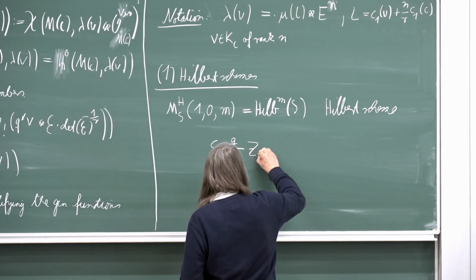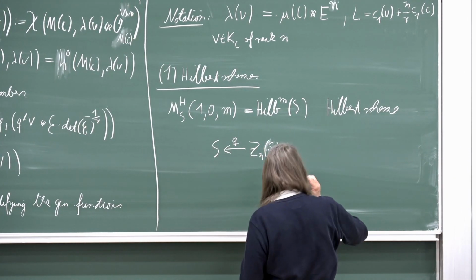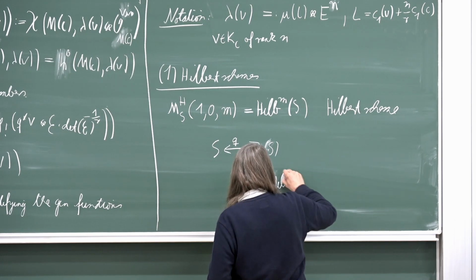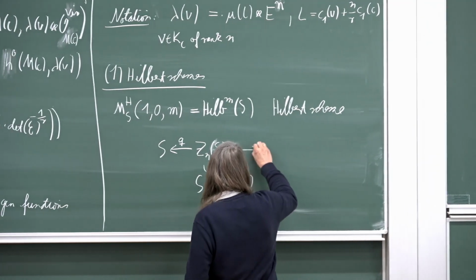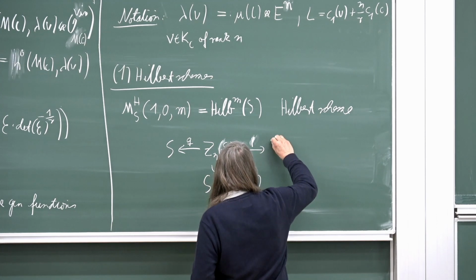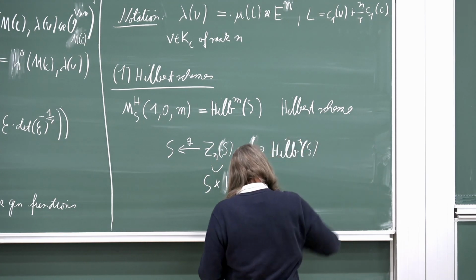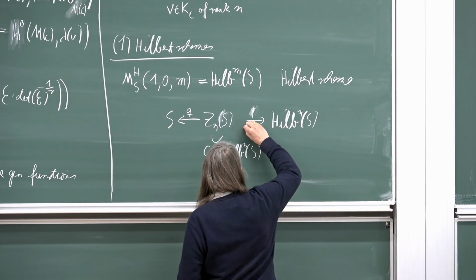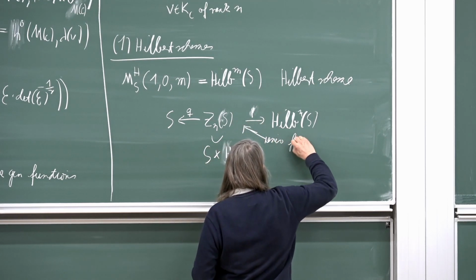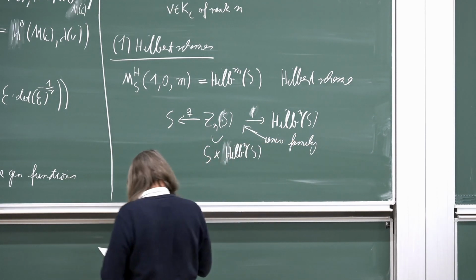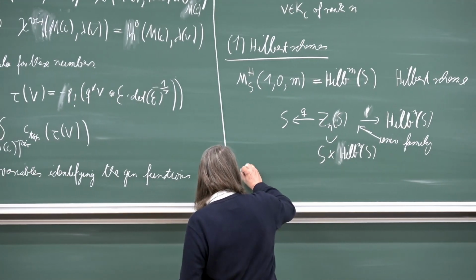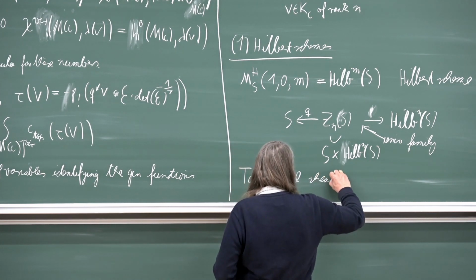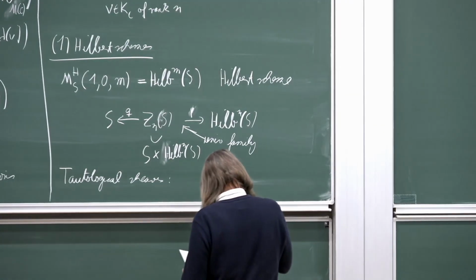We have the universal family inside S times the Hilbert scheme, and with these projections, we find that in this case we have again the tautological sheaves. So in this case, we don't need to use this lambda v.